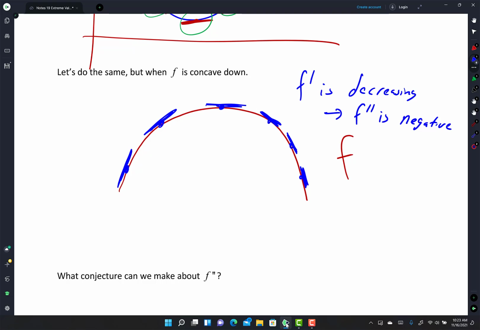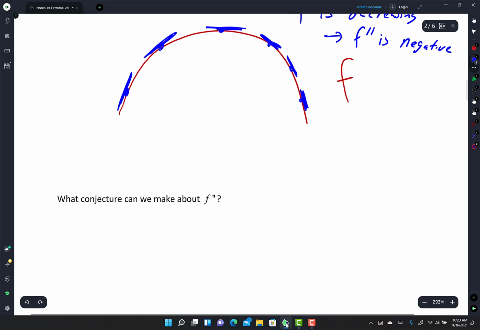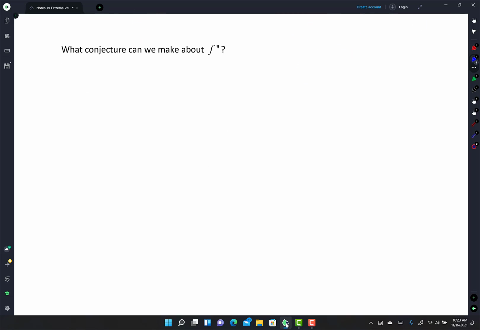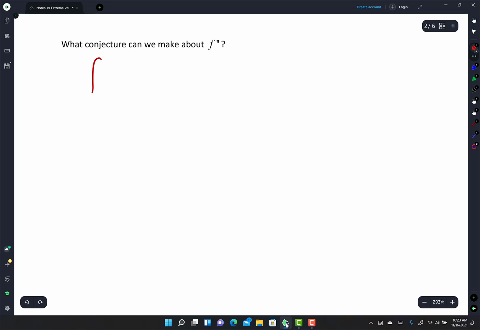Okay, there's only 4 types of graphs. Only 4 types of graph. And maybe I'll put them in here. Okay, let's do the conjecture. Here's what all we have to know. This is the most important part. If f prime prime is positive, this means 2 things. In terms of f prime, that means that f prime is increasing.